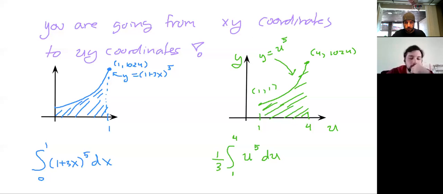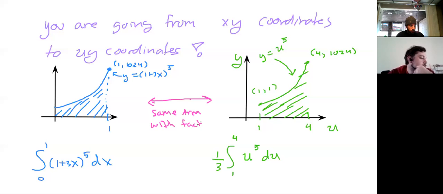So if I get my pink, except if you do this thing properly, it's not going to be the same exact area. You have this factor of 1/3.